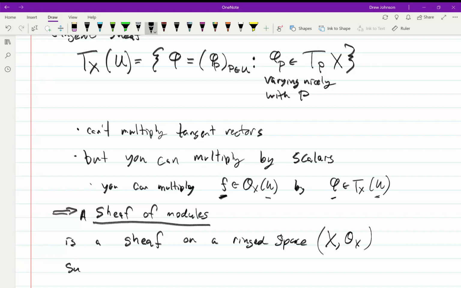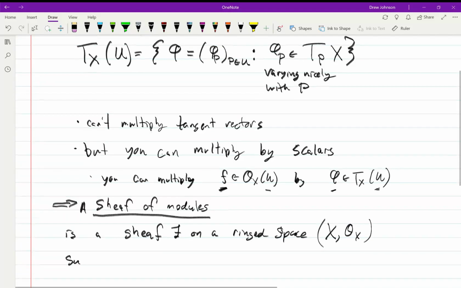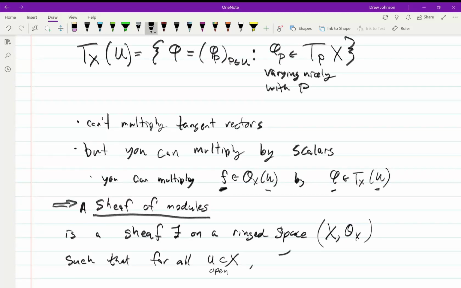So let's name our sheaf F, such that for all open subsets U, F(U) is not a ring, but an O_X(U)-module.